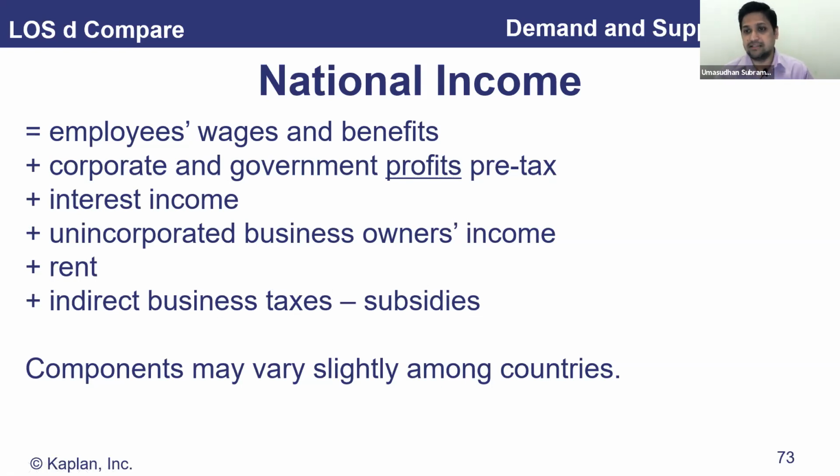Indirect taxes are taxes that are charged on goods and services. The taxes charged on income are called direct taxes, but this is called indirect business taxes minus subsidies. That's going to be the net tax revenue for the government on their indirect taxes. So if you add all of them, that becomes national income.